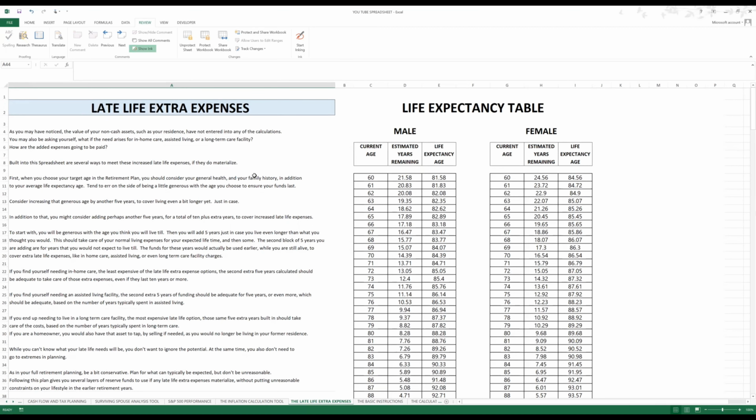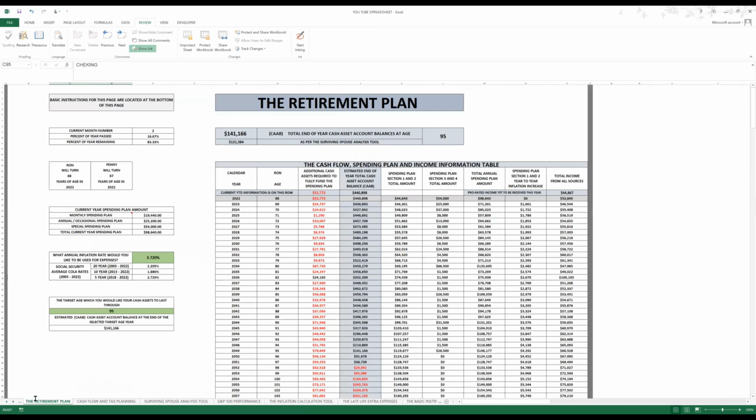So let's go over to the retirement plan sheet right here. Age 84 says I should have about $500,000 left in my retirement account at that age. But I hit 84 and I'm not ready to check out yet. So I'm clicking on another year, and another year, and another year.